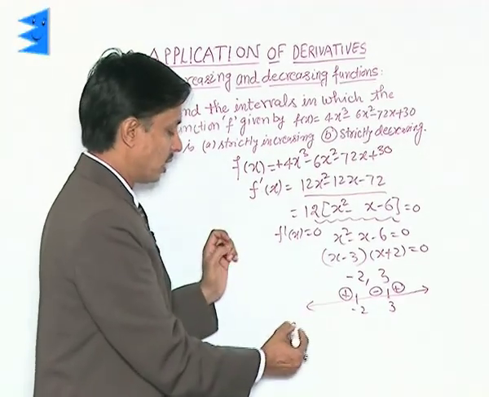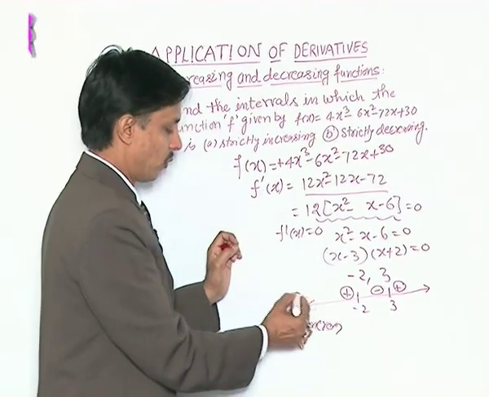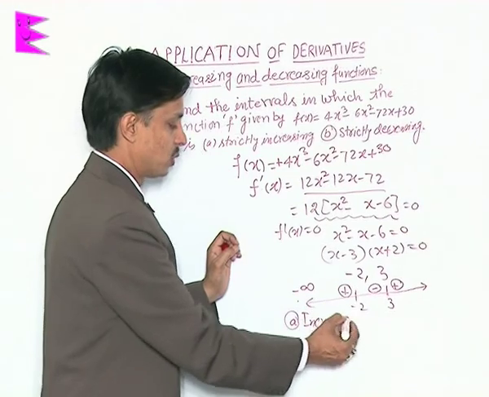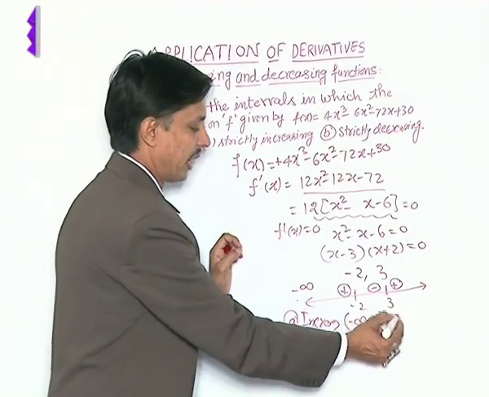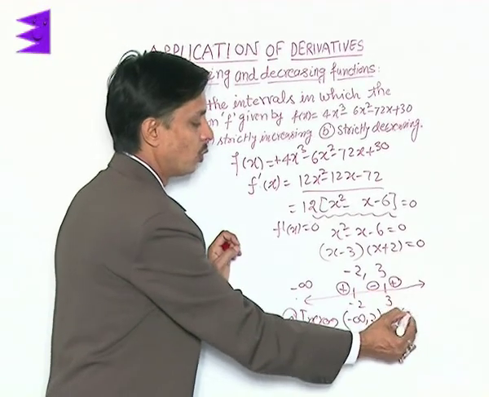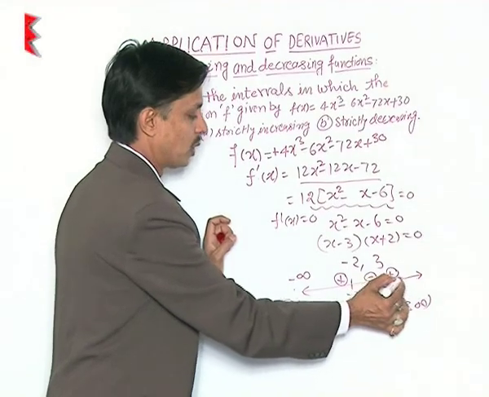So for increasing, we are finding from minus infinity to -2, and 3 to plus infinity. These two are the parts of the positive zone.